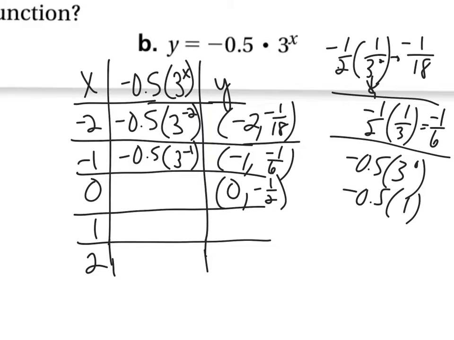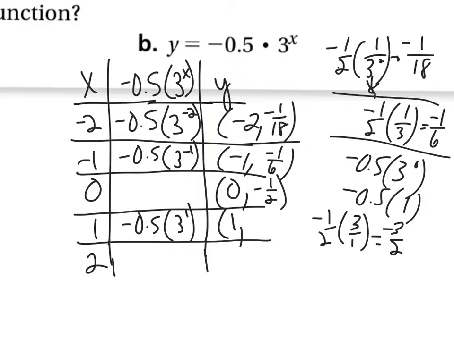If you put a 1 in, three to the first power is just the same as 3. So that'd be negative 1/2 times 3, be negative 3/2, so negative 1.5.